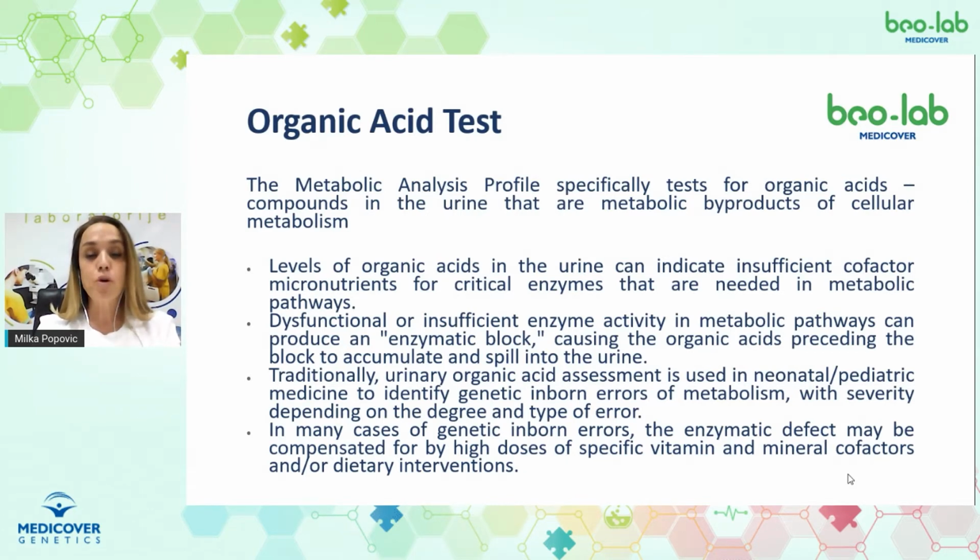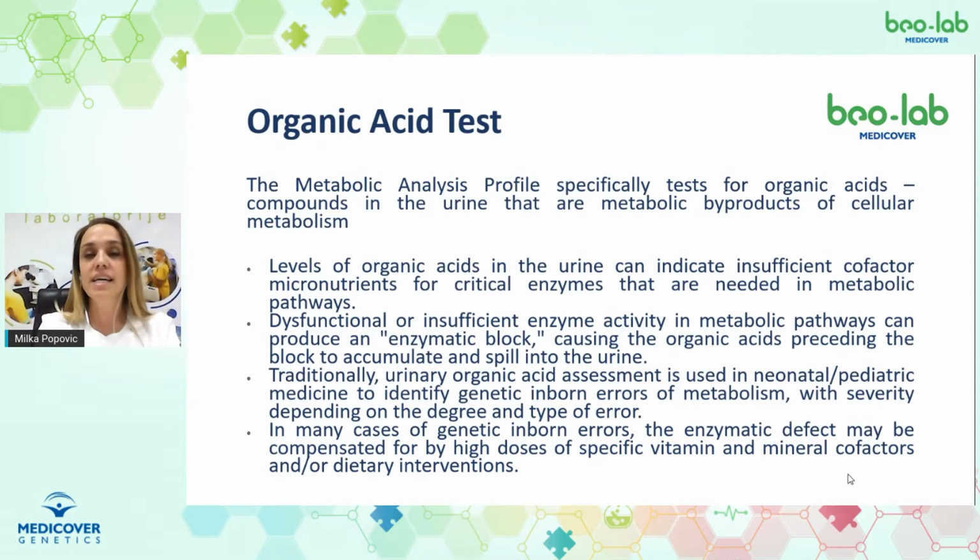Dysfunctional or insufficient enzyme activity in these metabolic pathways can produce an enzymatic block, which means that organic acids that precede the block can accumulate and spill into the urine. Therefore, we can see which nutrient is responsible for the block, and why this organic acid is elevated in the urine.